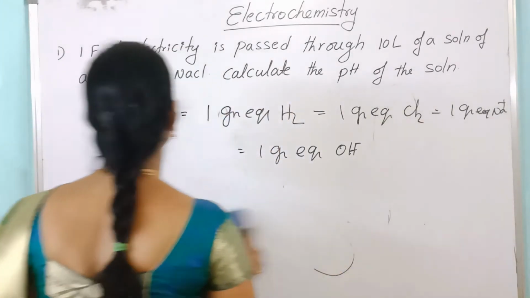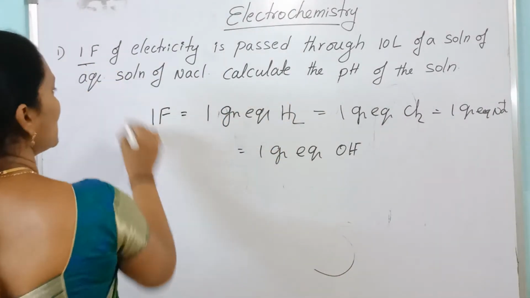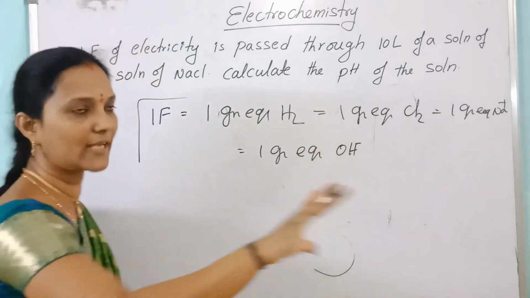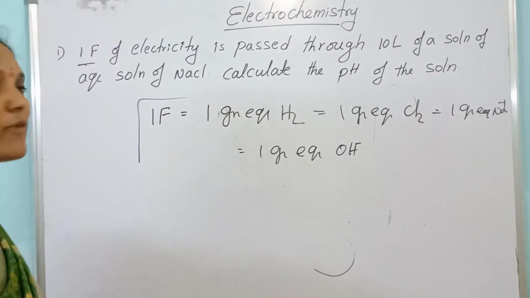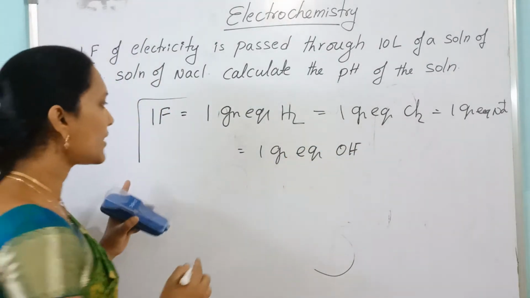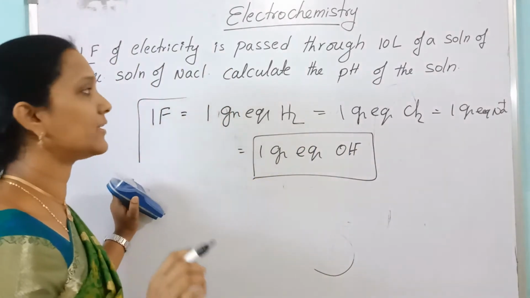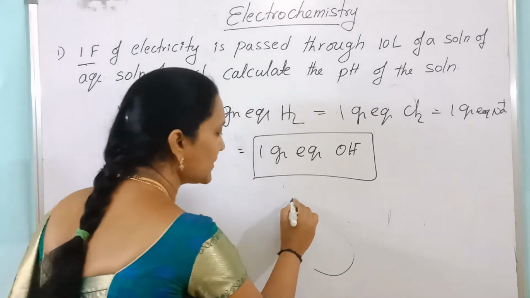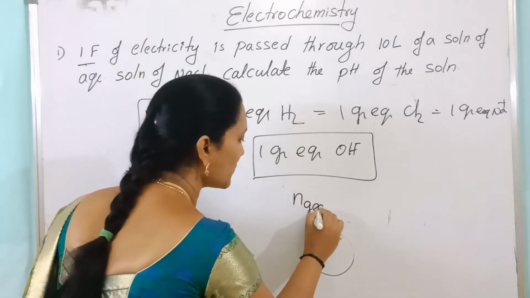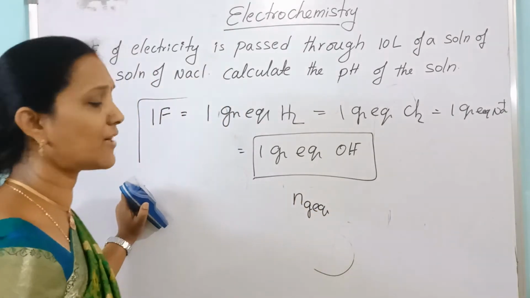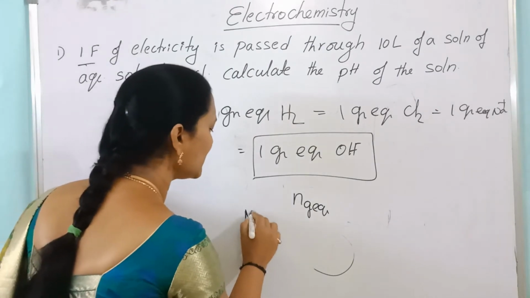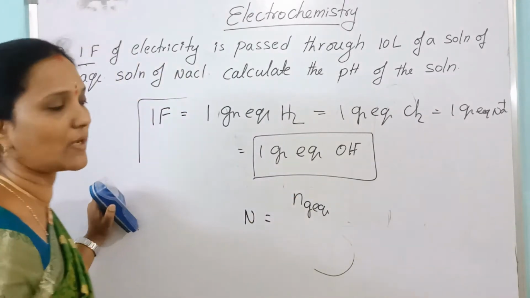Now, how many Faradays passed, that we should check. Here 1 Faraday only we are passing. 1 Faraday passed means how much OH minus? 1 gram equivalent of OH minus. Number of gram equivalents is 1. Now, what is the normality? Nothing but the concentration of OH minus.